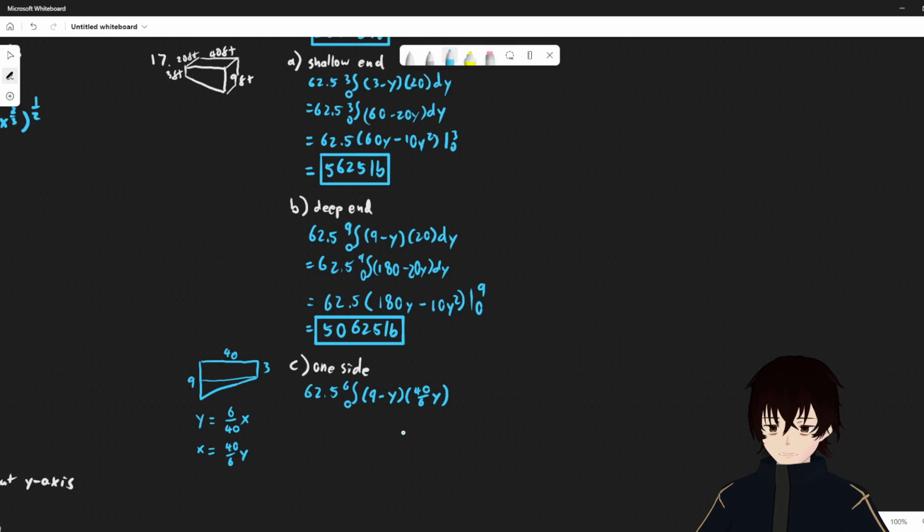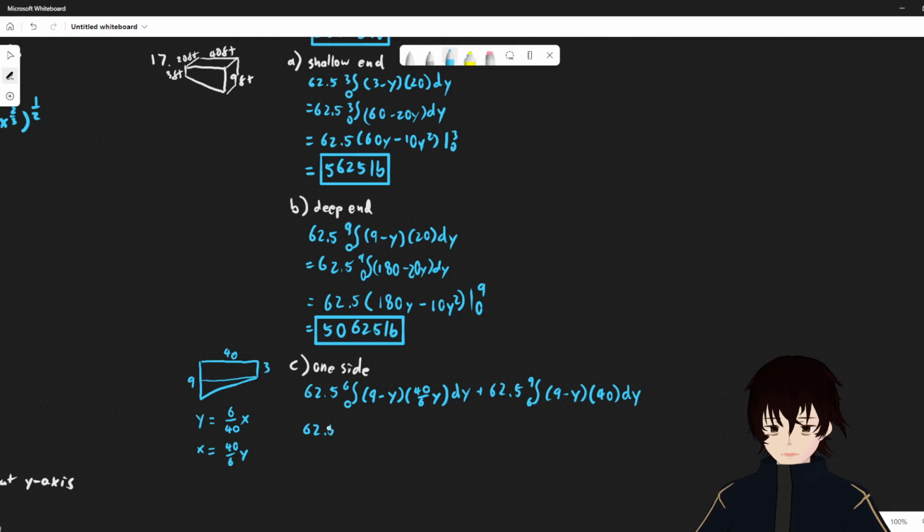Y is 6. Yeah. dy. And that's going to be plus the rectangle portion, which is going to be from 6 to 9 of 9 minus y times 40 dy. I'm starting to not like this already, and we've only just begun.